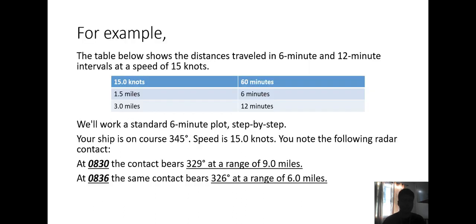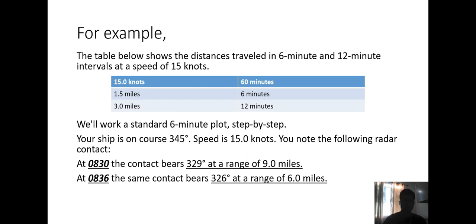For example, the table shows the distances traveled in 6-minute and 12-minute intervals at a speed of 15 knots. So 15 knots in 60 minutes is 1.5 miles traveled in 6 minutes and 3.0 miles traveled in 12 minutes.